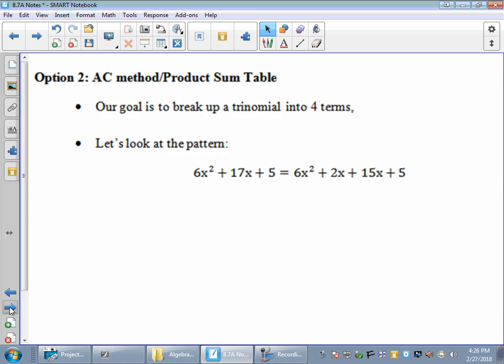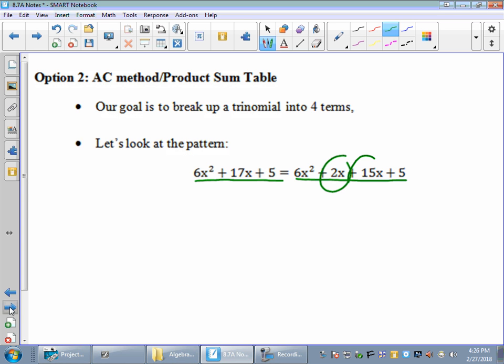So let's look at our pattern here. When I look at the trinomial, everything's combined. But I know that that's the exact same thing as this side, where I have 4 terms. Here's what I want you to notice. We have 2 x terms here. We have a positive 2x on our 4 and a 15x.